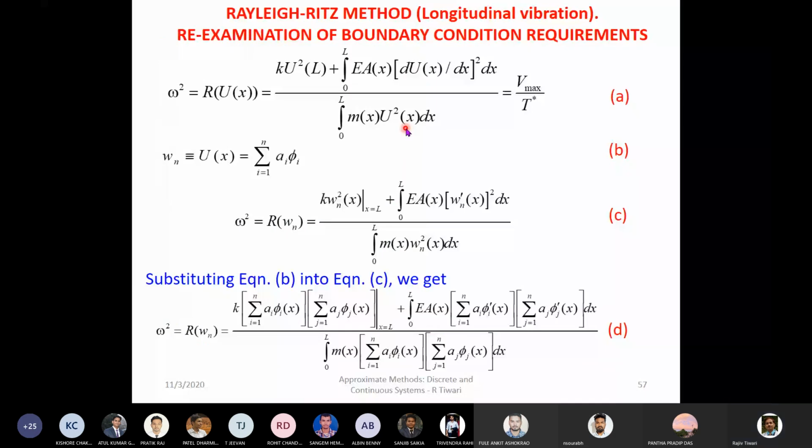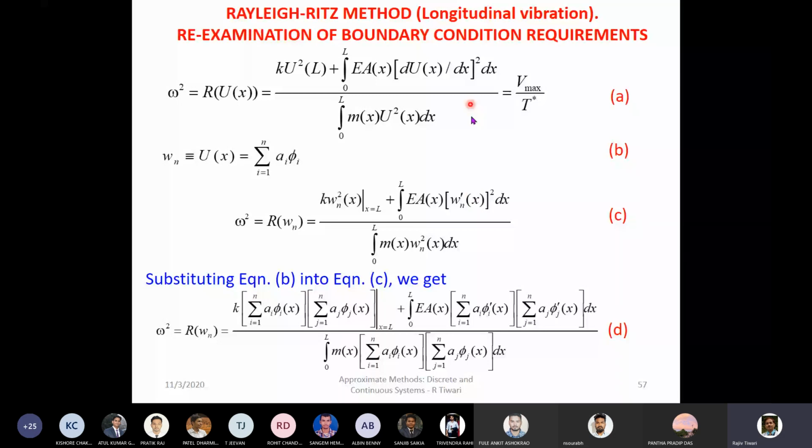So u x will be replaced by w n in this expression. Wherever u is there, you can see we are replacing it with w n. Here also w n. Here a prime is representing a derivative with respect to x one time. If there are 2 primes, then it will be differentiation with respect to x twice.